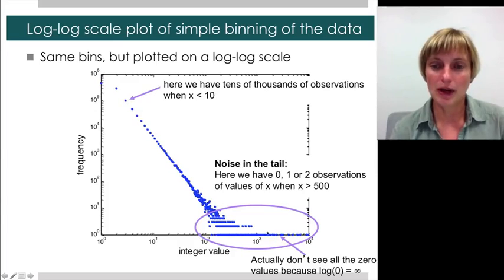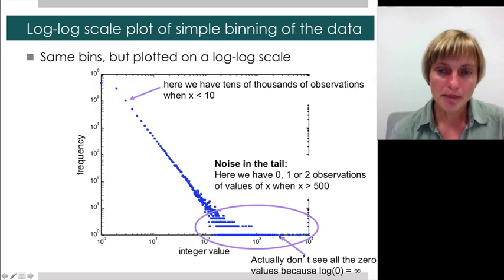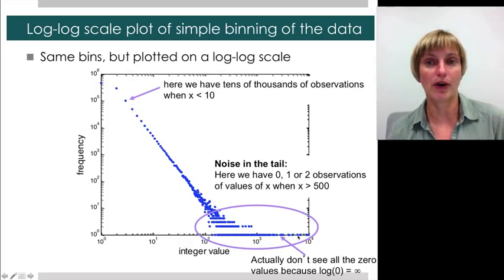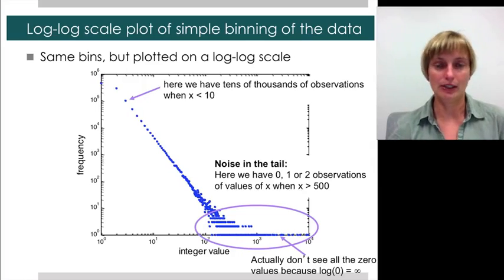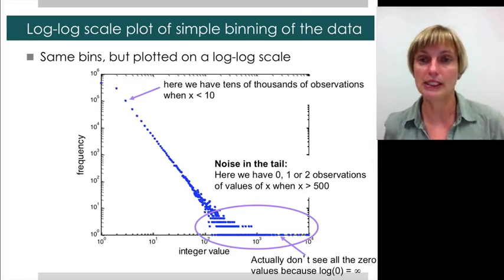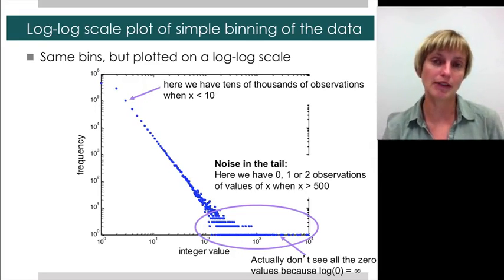But then where we get into numbers that are over 1,000, there are many missing bins, because we just didn't get any number of, say, 2,373 or something like that. Maybe we didn't see that in this data set, and so we have a 0.